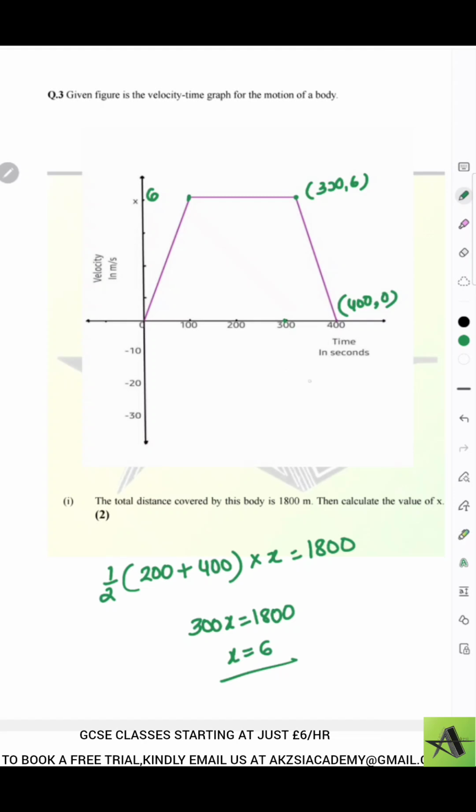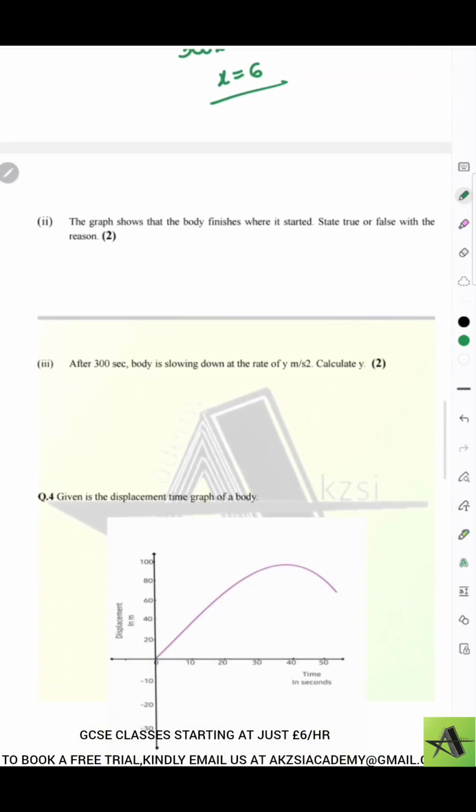So y2 minus y1, 0 minus 6, over x2 minus x1, which is negative 6 over 100, or negative 0.06 meters per second squared. So negative represents that it's decelerating, and that's your answer.